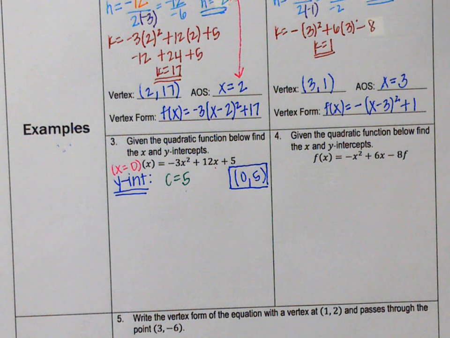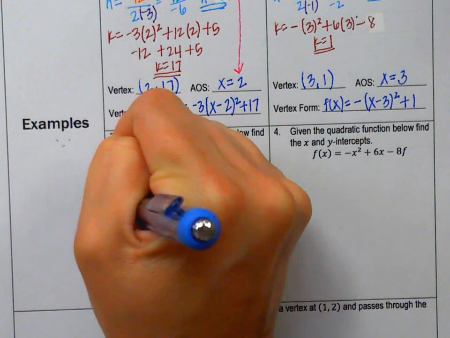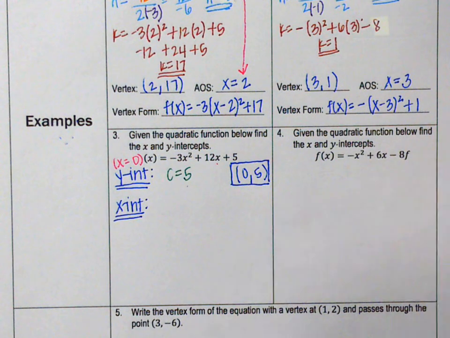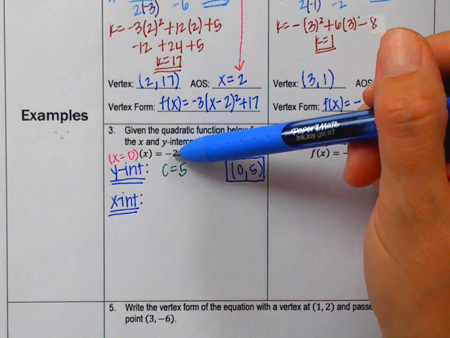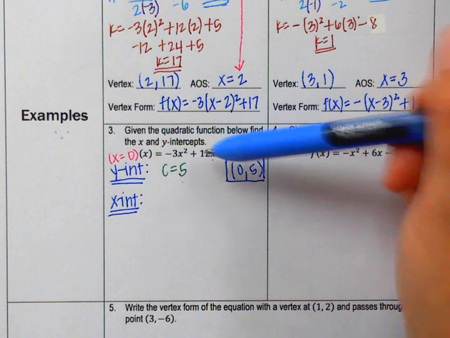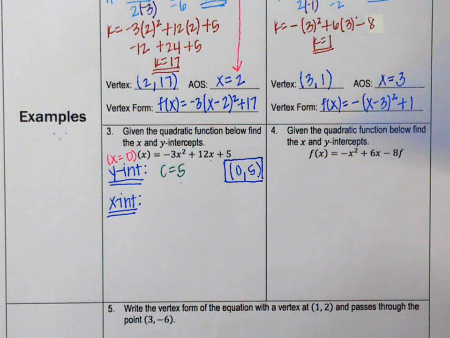So the x-intercepts. Now, I always am thinking, can I factor this? So when I do that, I'm thinking, what are 2 numbers that multiply together to get me -15 and add to get me 12? So I kind of just do a quick trial and error to see if I can factor it. So I'm thinking, okay, -15 and +1.